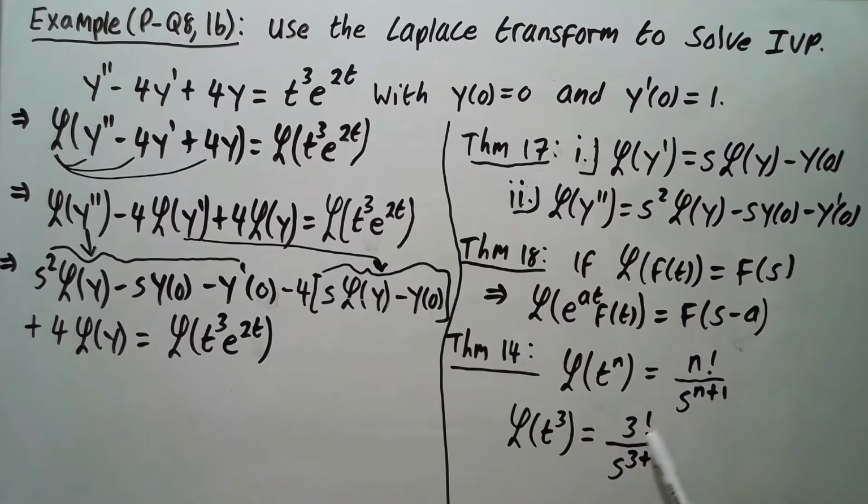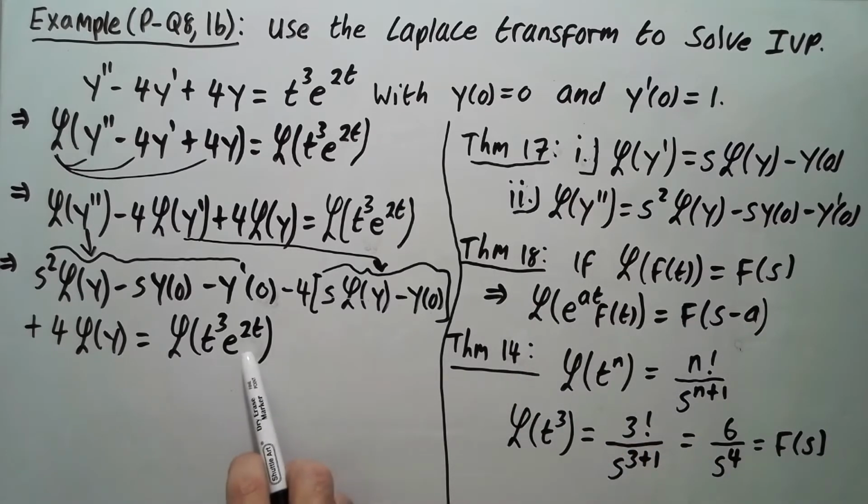So it'll be 3 factorial over s to the 3 plus 1. 3 factorial is 6, so it's going to be 6 over s to the 4th. We're going to call this big F of s, because we're going to now apply theorem 18, because we have t cubed e to the 2t.